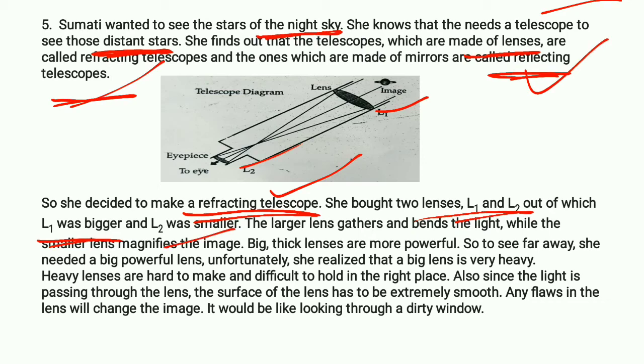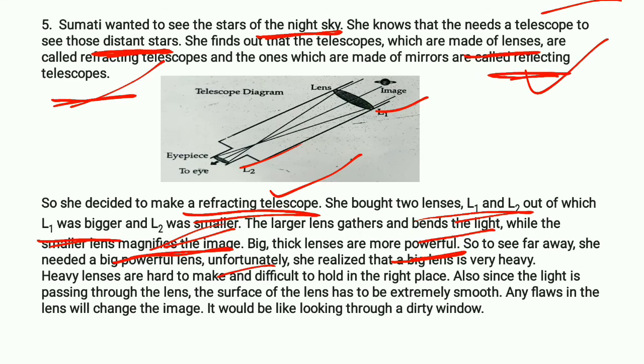The larger lens gathers and bends the light, while the smaller lens magnifies the image, right? Big thick lenses are more powerful, so to see far away, she needed a big powerful lens.